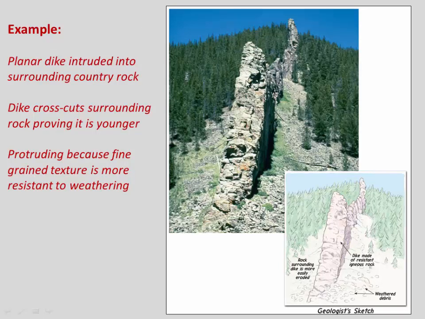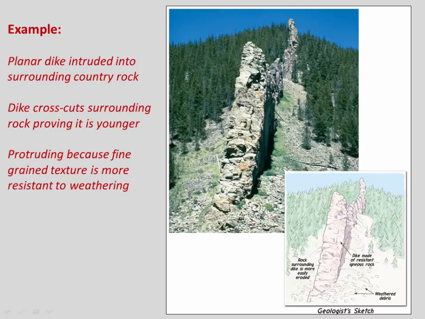You can see this planar sheet, literally, that's been weathered out of the surrounding rock. So you can see that this dike was intruded upwards into the surrounding rock, and it's clear to see that the dike cross-cuts that surrounding rock, demonstrating that the dike is actually younger and was intruded into that surrounding rock.